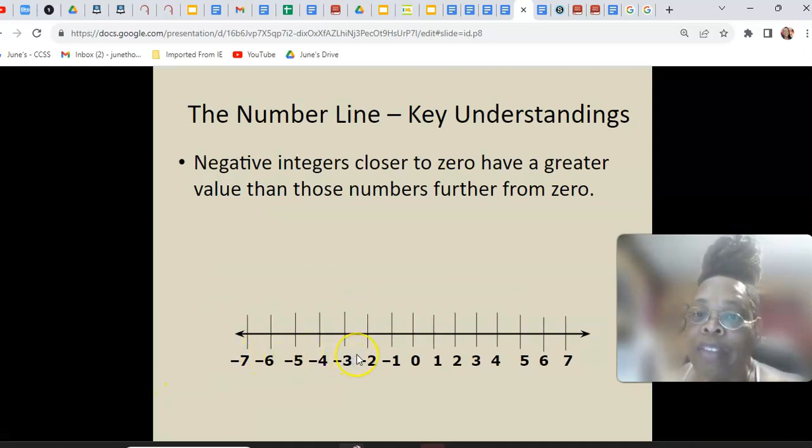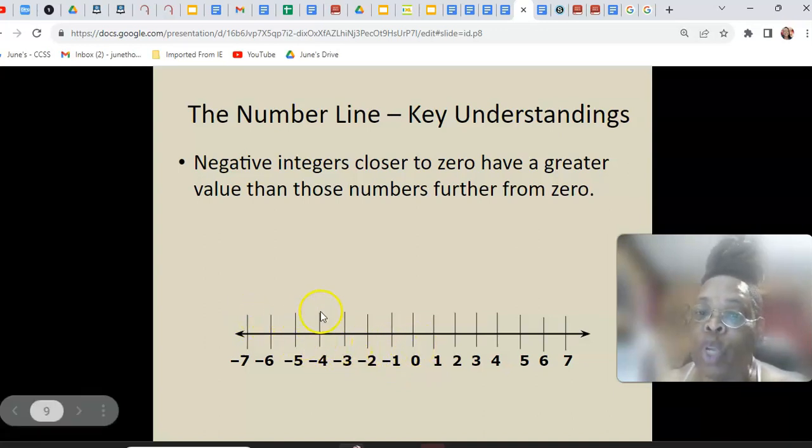Remember, the numbers that are closest to 0 on the negative side have greater value, because as you go further and further to your right, the numbers get greater.